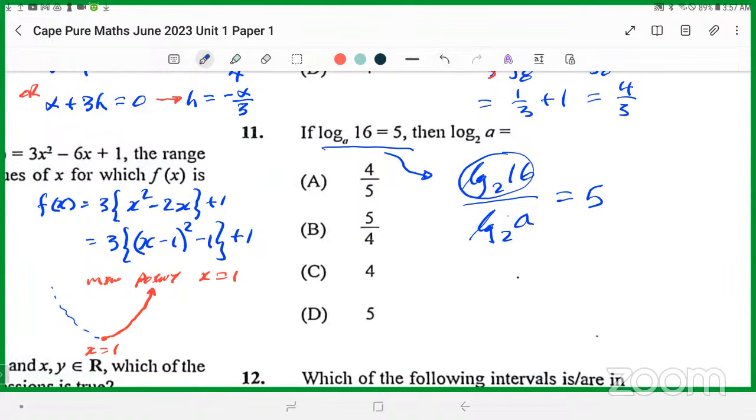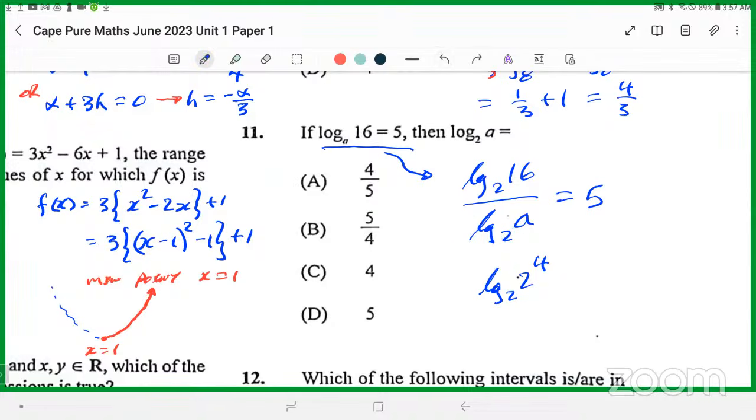The 16 can be written as 2 to the 4th power. So it becomes log to base 2 of 2 to the 4th power. I'm going to cross multiply with this and this, right?